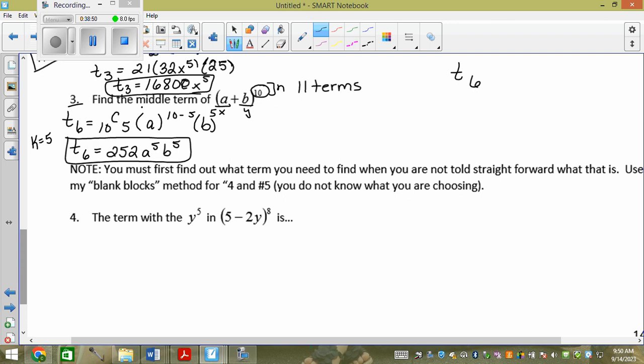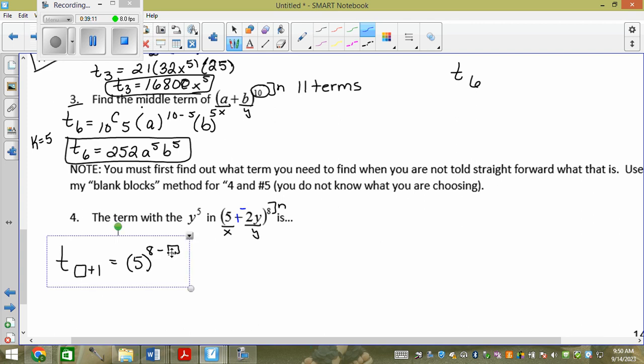So, I forgot I still have this. So it's like this. So this is my X, this is my Y, this is my N. I don't know K, so I'm going to leave boxes. So I'm going to go T box plus 1 equals X to the 8 minus box. Whoa, Crystal.